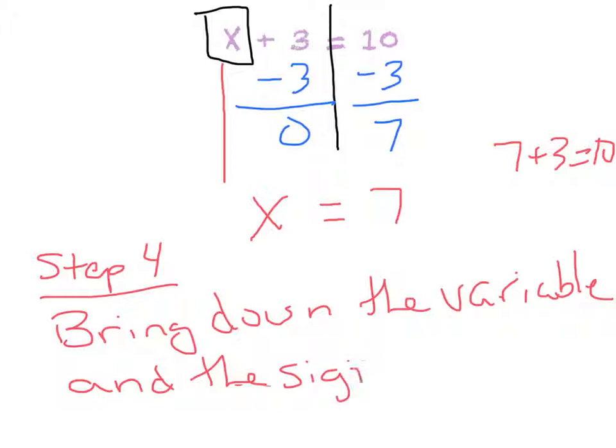In this case, the sign, once again, is the equals. So I'm going to bring down the variable and I'm going to bring down the sign. And the number left, I'm going to just abbreviate, is the number from the opposite side.